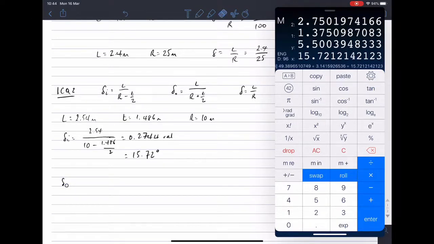Okay, the outer delta: 2.54 divided by 10 plus 1.486 divided by 2.